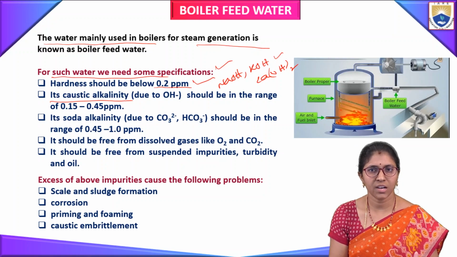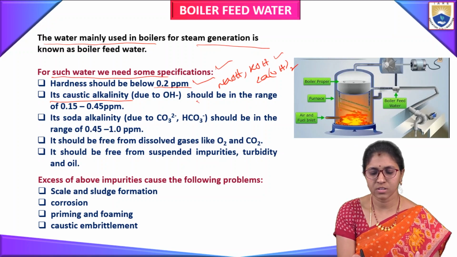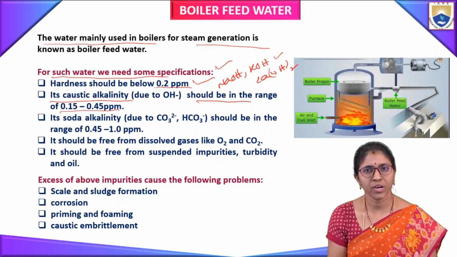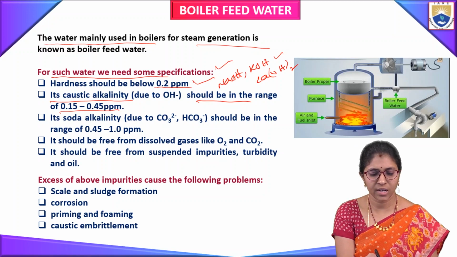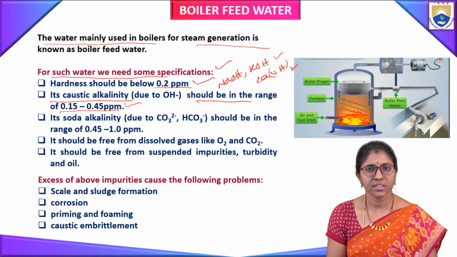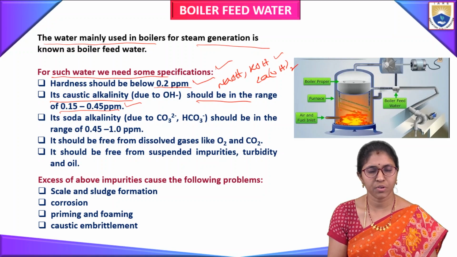So its caustic alkalinity due to OH minus should be in the range of 0.15 to 0.45 ppm.